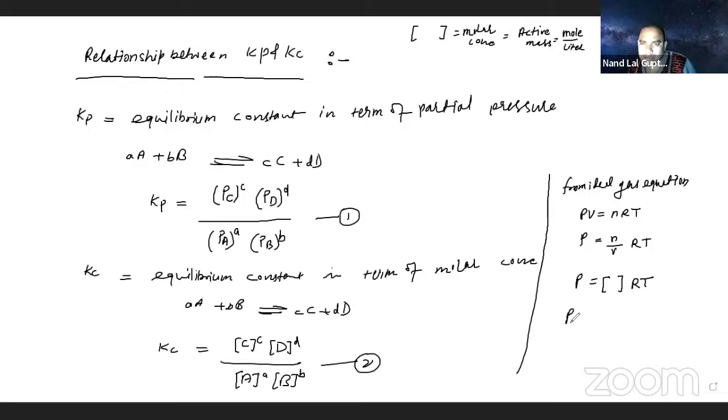So if I write PA, it is going to be [A]RT. If I write PB, it is the molar concentration of B times RT. PC is going to be [C]RT, and PD is going to be [D]RT.